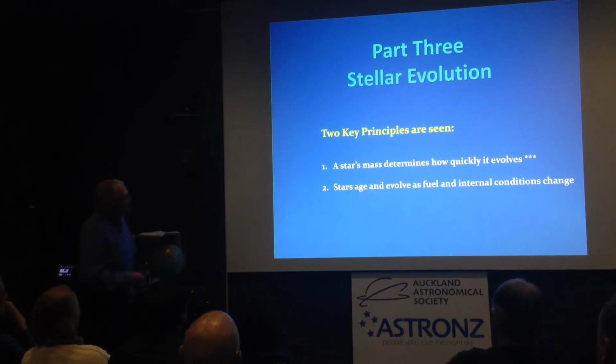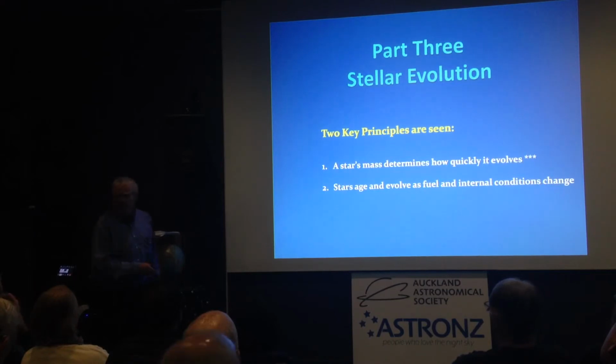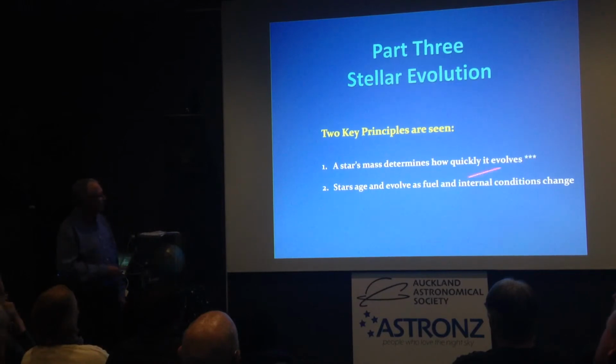Two key principles with stellar evolution. The first one, I put 3 asterisks beside it. If you go away from today and only remember one single item, remember this one. It's a star's mass that determines how quickly it evolves down through the different stages of stellar evolution. So if you fall over on the way home and knock your head, as long as you remember this in the morning, it's all that matters.